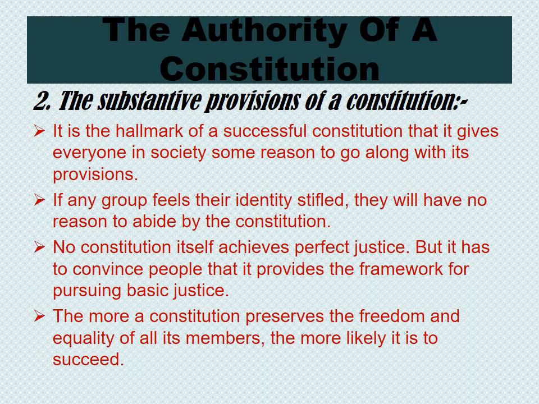No constitution by itself achieves perfect justice, but it has to convince the people that it provides the framework for pursuing basic justice. So you need to think about what different provisions the constitution gives its people so that all the people should go along with its provisions.